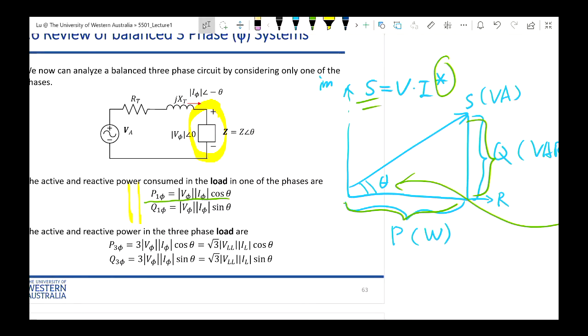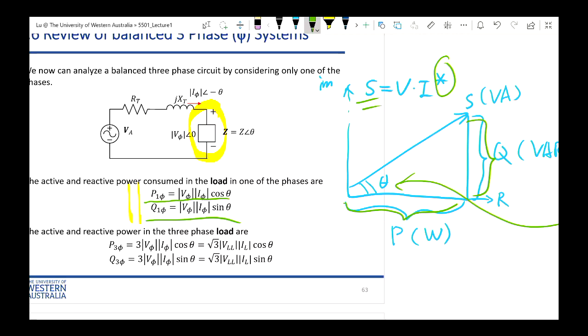Because we are actually calculating the horizontal projection of the S. Correspondingly, the next one, for the reactive power, same thing, but we are changing that to the sine theta. Sine means we want to find the vertical component of the complete power. So I think this is pretty simple for everyone. Is that okay, everyone? Any questions?